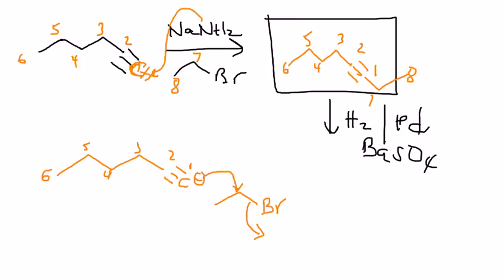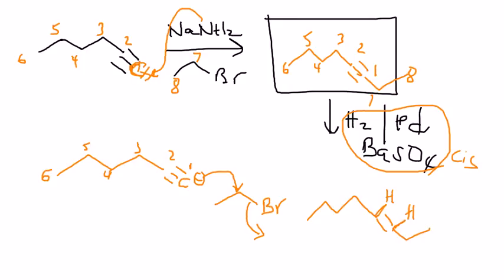And then the next step is that I do a hydrogenation, but in the presence of Lindlar's catalyst. That means it's going to stop at the alkene stage, and it'll add in a cis fashion. So you should draw the double bond and then put the 2 H's in the same direction. So draw it in a manner that is reflective of the cis, not the trans.